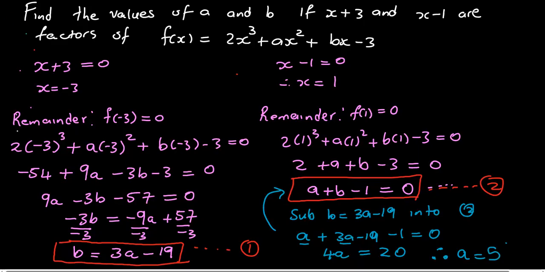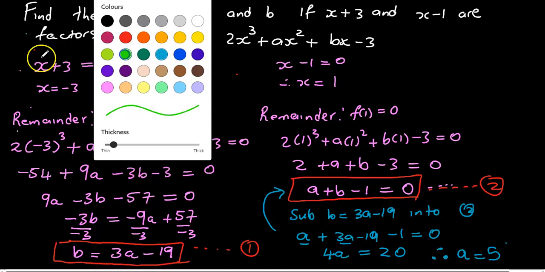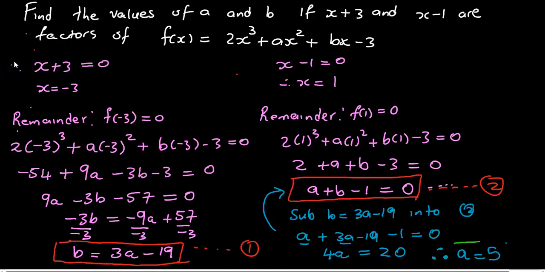Now that you have the value of a, what is next? We need to find the value of b. This is easy enough. We know that b was given, from our substitution working, as 3a minus 19.